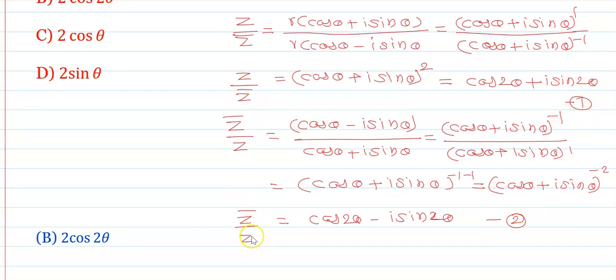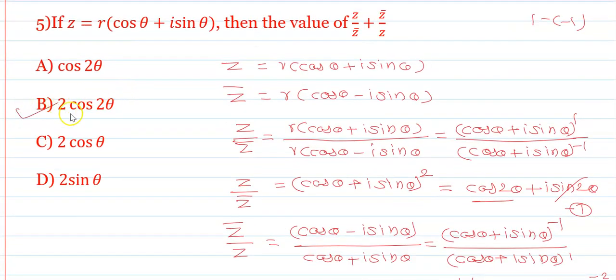If we add these two, जर आपण हे दोन्ही add केले, this one and this two, then what will happen? I times sine of 2 times theta, minus and plus will get cancelled, and cos of 2 times theta plus cos of 2 times theta, you will get 2 times cos of 2 times theta, and hence option B is the correct one. त्यासाठी काय find out करणार?